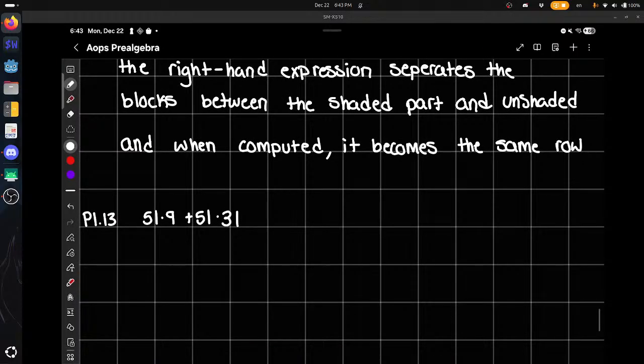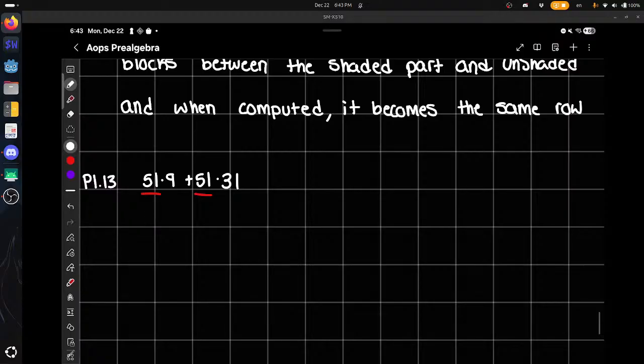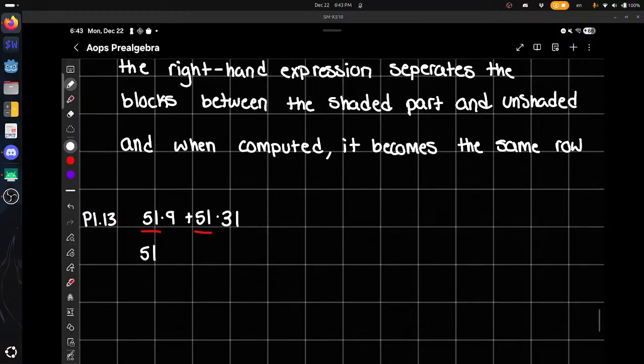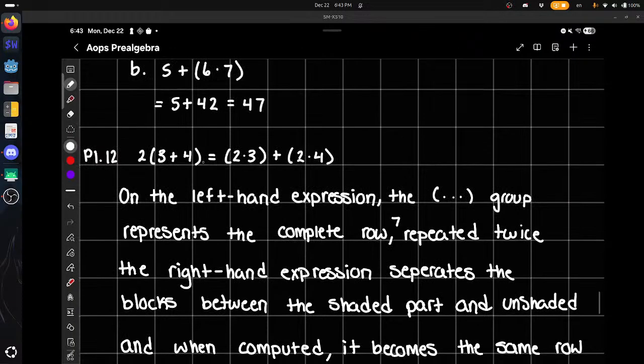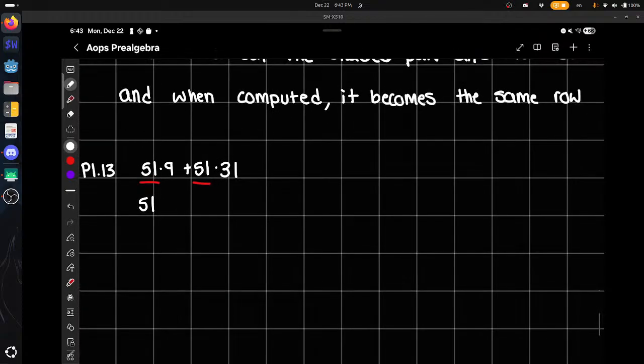And the theme is that there's a repeated number here. So if we just do the same thing that problem 12 did, we can get the same answer. Or we can follow the same process. So this becomes 51 times 40.